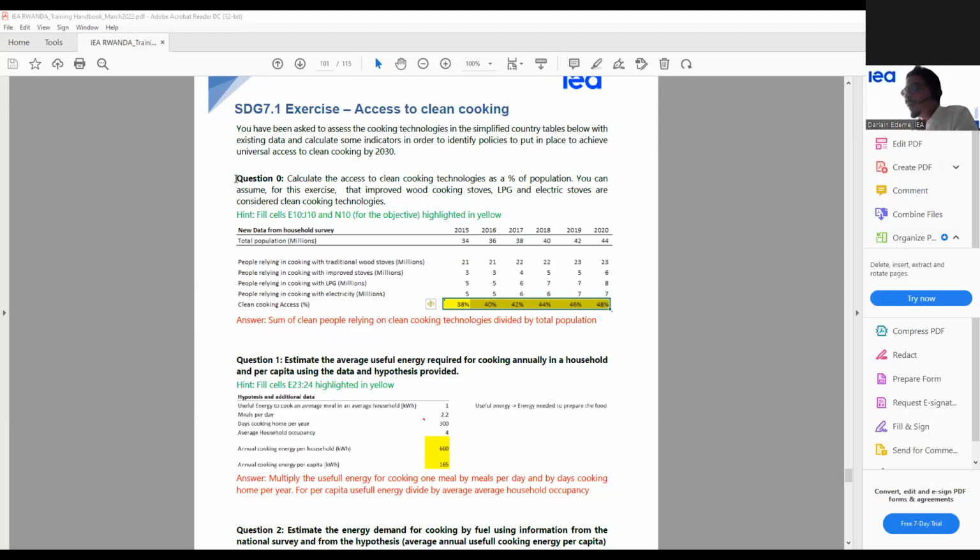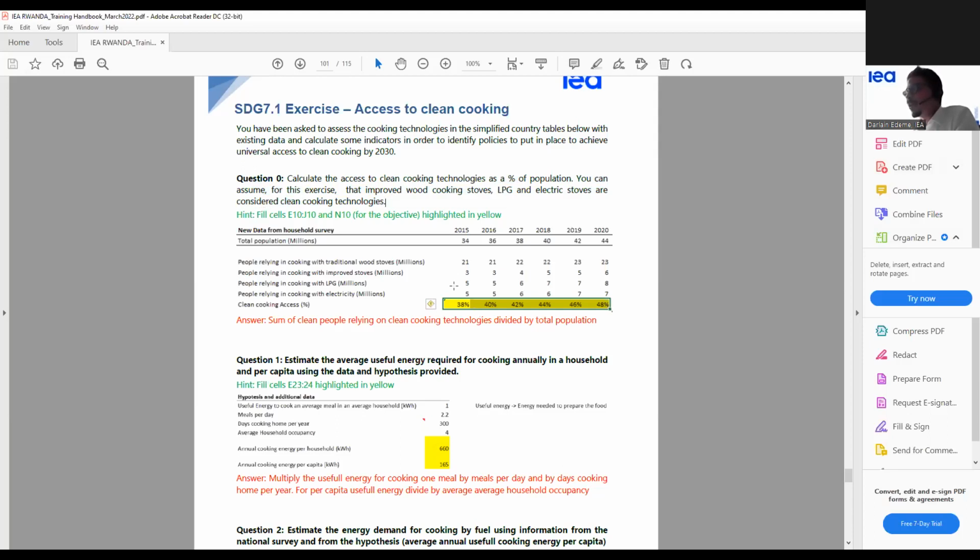So you have basically question 0, which is the simplest one, which asks you to calculate the access to clean cooking technologies as a percentage of the population. You can assume for this exercise that improved wood cooking stoves, LPG and electric stoves are considered clean cooking technologies.